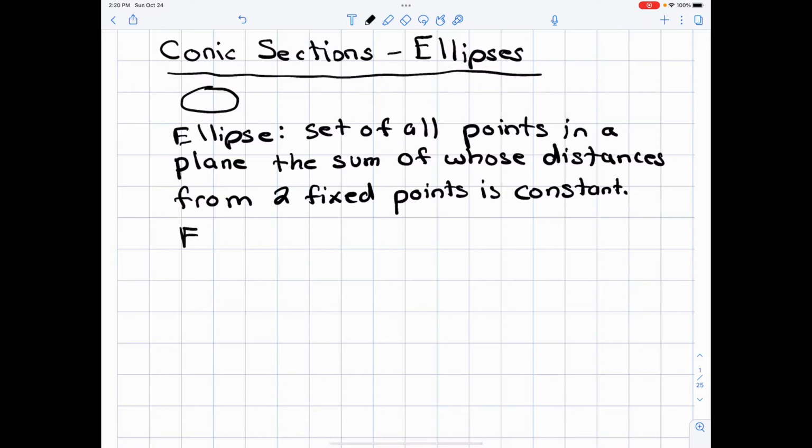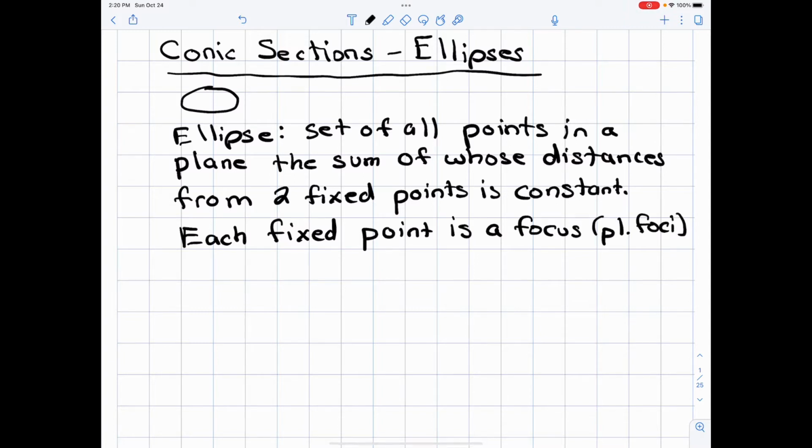Each fixed point is a focus. If you want to talk about them in plural form, you have foci of the ellipse.